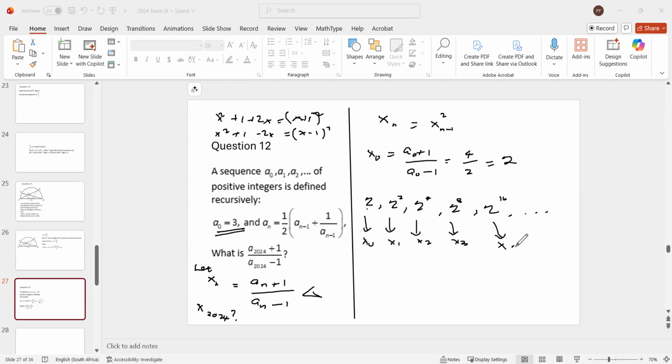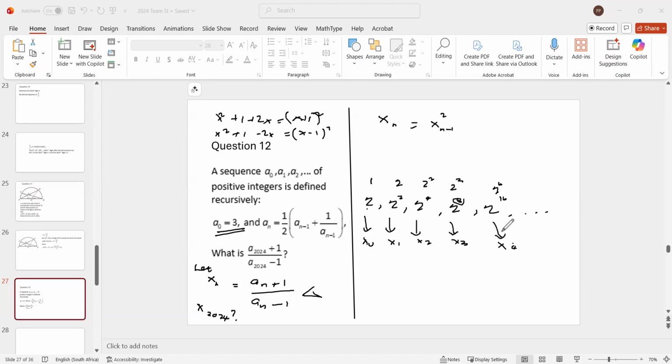So let's have a look at the pattern. Let me just look at the indices of the exponents. They form a certain sequence there. These exponents are 2 to the power of 1, it's 2 squared, it's 2 cubed, it's 2 to the power of 4.